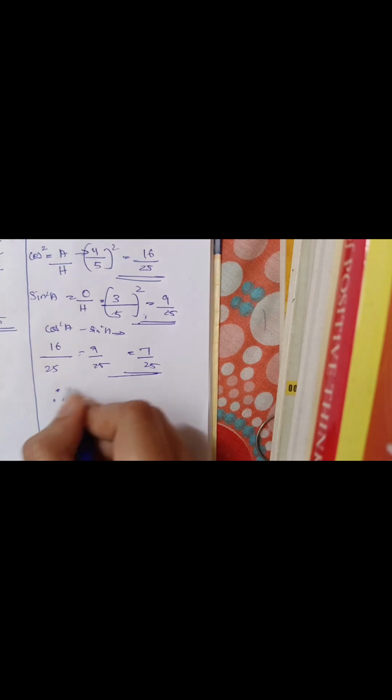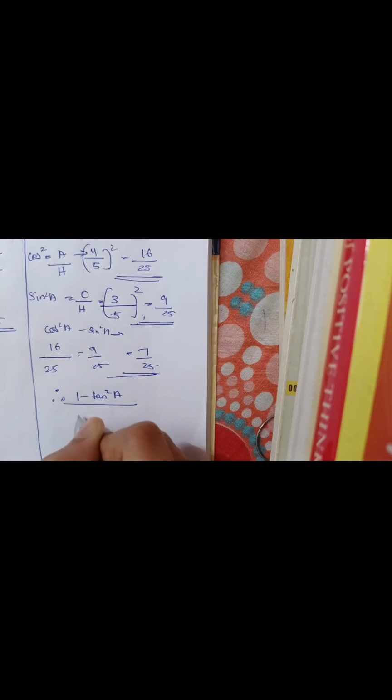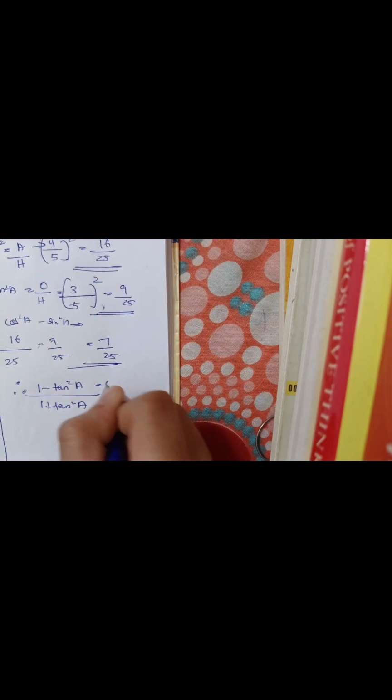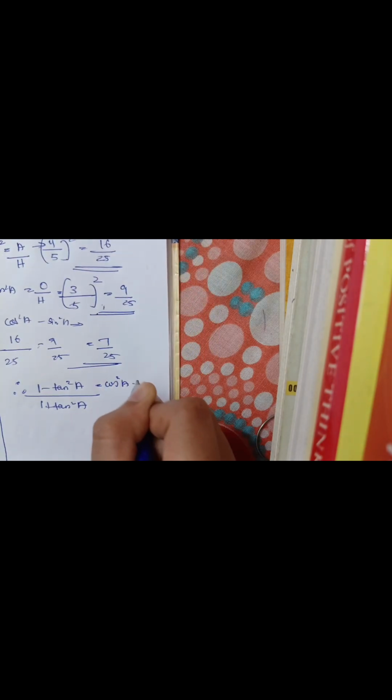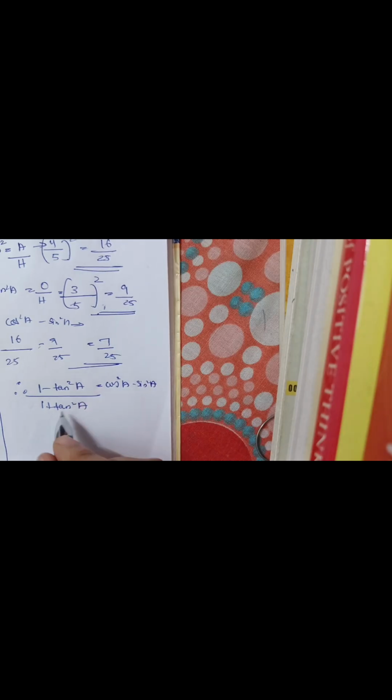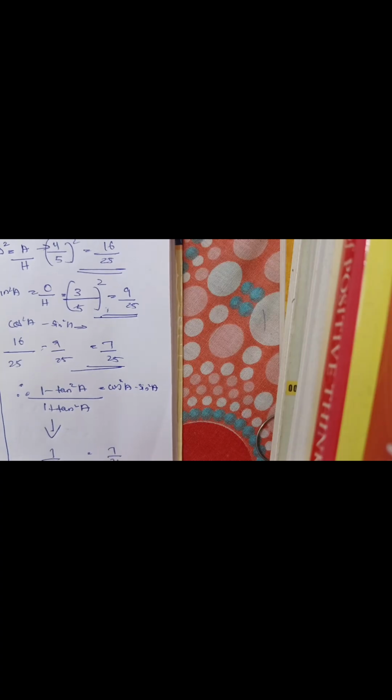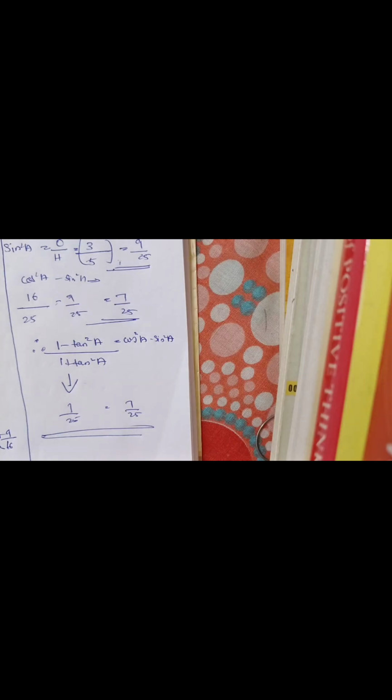So therefore, never ever forget to write the conclusion. 1 minus tan square A by 1 plus tan square A equals cos square A minus sin square A. So the value of this is 7 by 25 and this also is 7 by 25. Both the values are same. Hence proved, the question is actually correct.